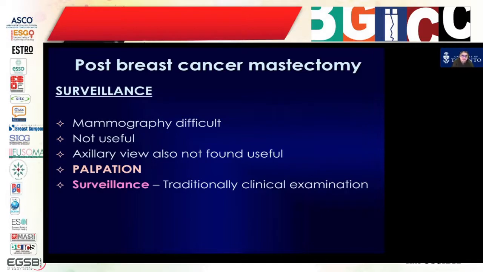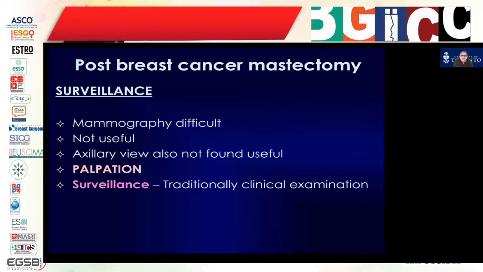And in these women, palpation is the best technique because any tiny cancer that develops is going to be immediately palpable to the patient. And traditionally, surveillance of women who've had mastectomy with no further reconstruction is palpation and clinical examination. Of course, we will continue to screen the contralateral breast, but for the side of the mastectomy, no further imaging is offered.